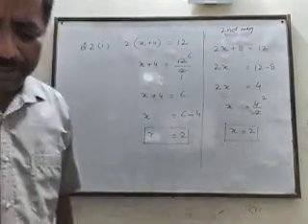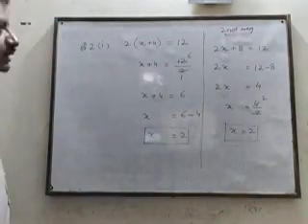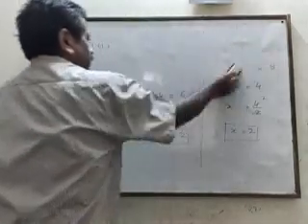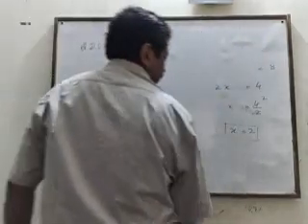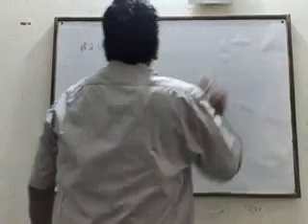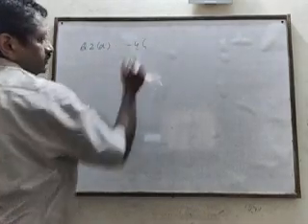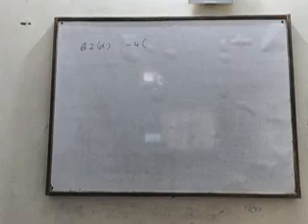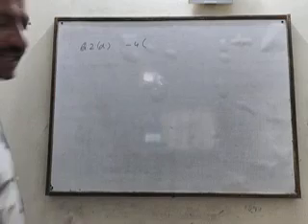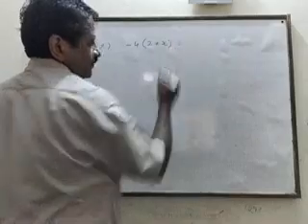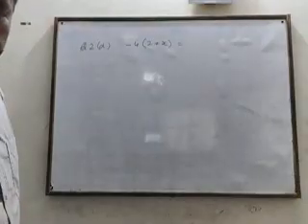Now the D part, which is a little bit tricky for the children. D part is minus 4 whole 2 plus x is equal to 8.